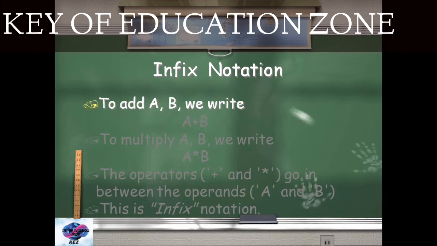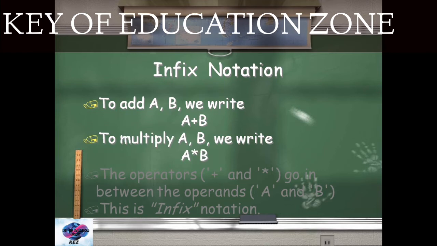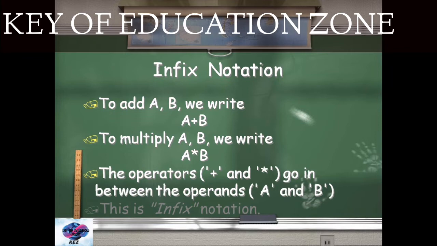Suppose we have to add a plus b. So what will we write? A plus b. Now if I have to multiply a multiply b, that we know very much. Here this plus or the star asterisk, that means multiplication sign, these two signs are known as our operators, and a and b both are the operands.